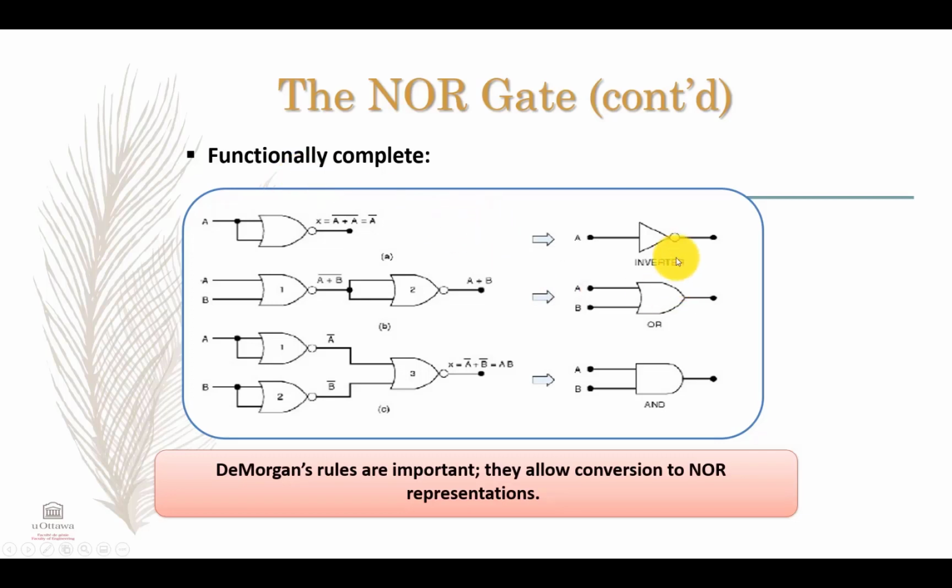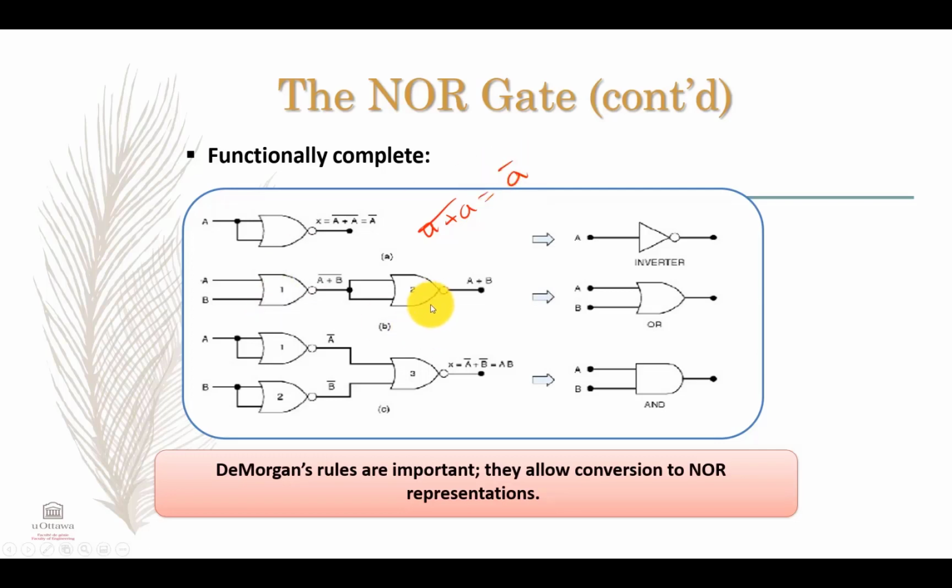So in order to implement the inverter using a NOR gate, what I have to do is to NOR the input with itself. So if A plus A, both are NORed, A plus A will give you what? A, so this will be an A prime.